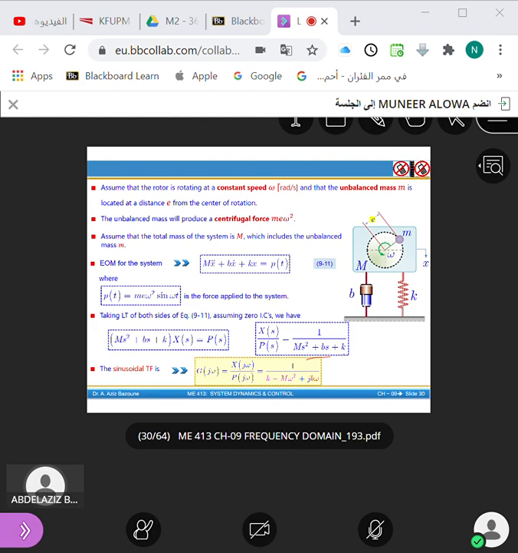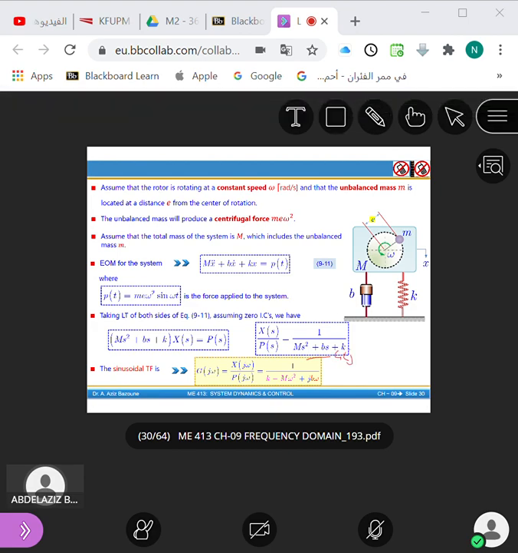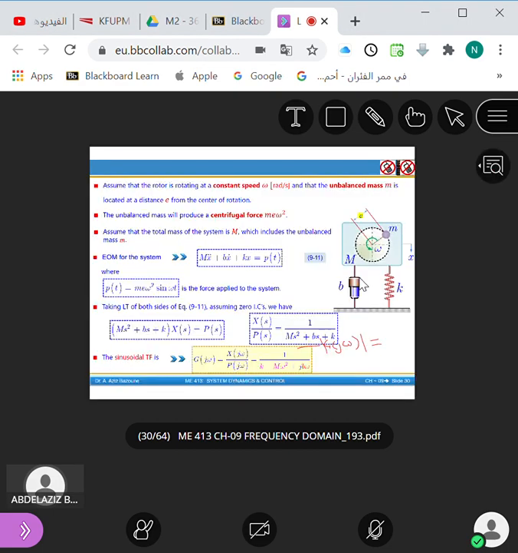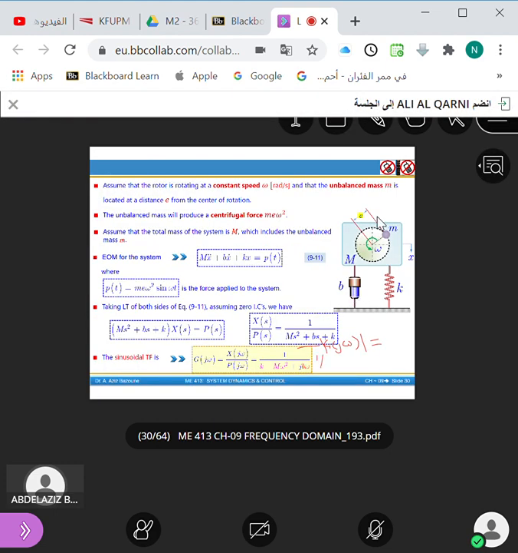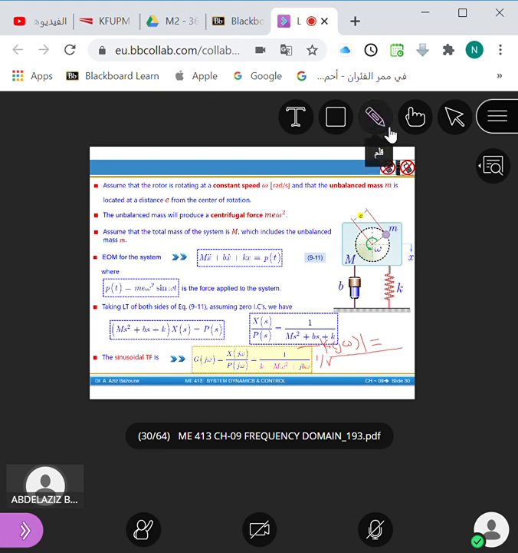So if you remember, we mentioned G(jω) as a magnitude will be equal to 1 divided by the square root of the real part, K minus Mω², the whole squared, plus the imaginary part, Bω, squared. So this is the amplitude of the transfer function, the sinusoidal transfer function.